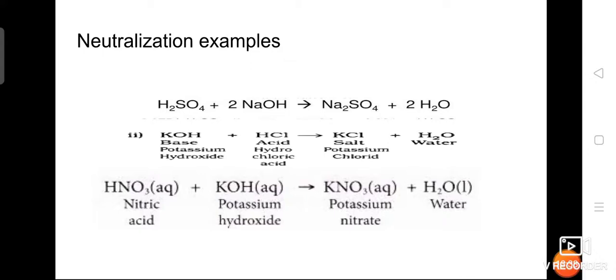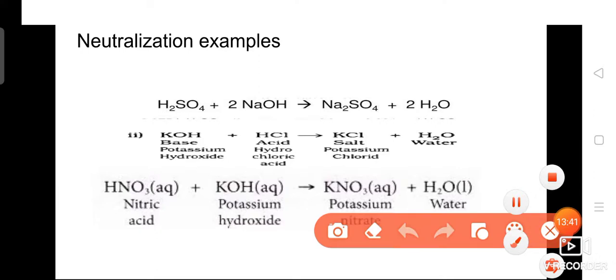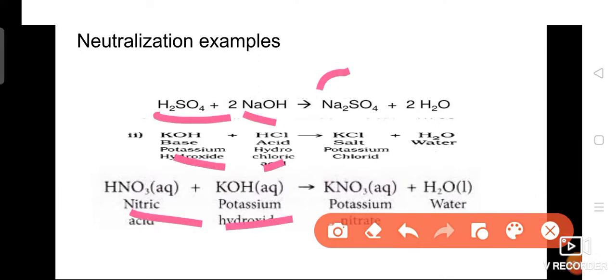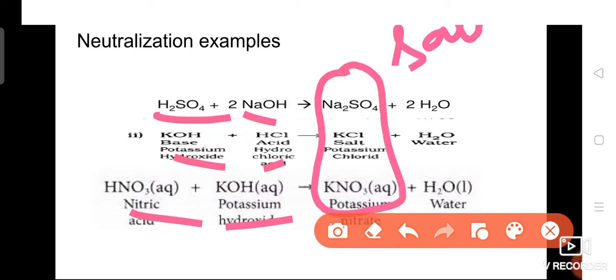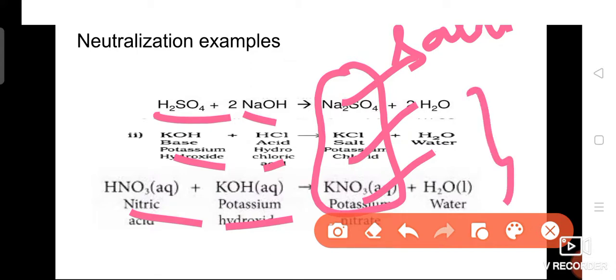So in all these three reactions, different acids and different bases are used, but the result is different types of salts only. Here sodium sulfate, potassium chloride, potassium nitrate, all are salts, along with water.